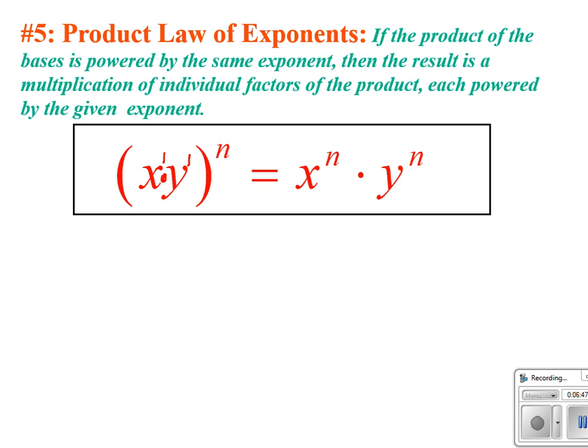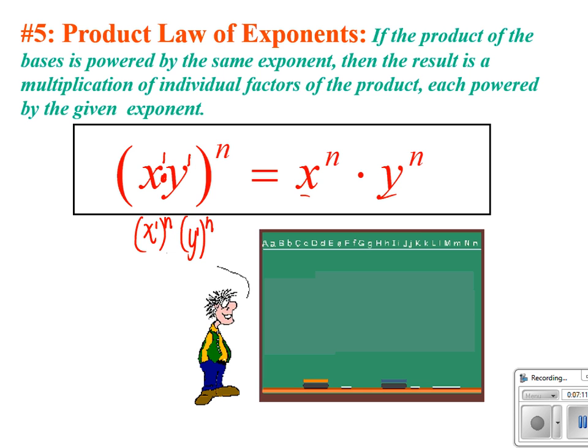So it's kind of like a power to a power and you multiply. You just take each one of these to its individual power. So you could say x to the 1 to the n, a power to a power, and we multiply. And you could say y to the 1 to the n, and it's a power to a power, and we multiply. Now notice these two bases are different, so we do keep them separated.